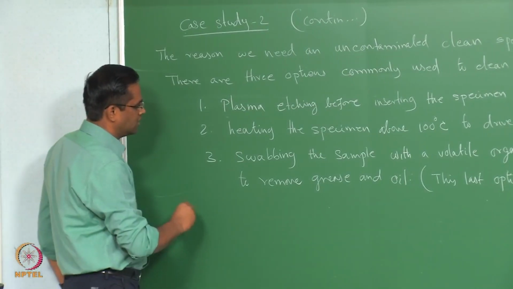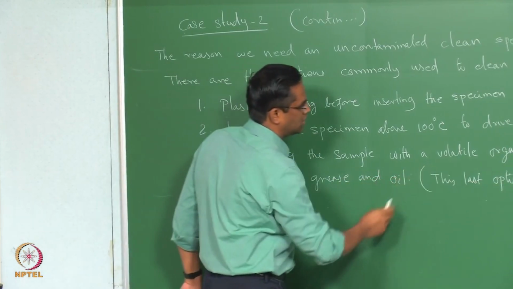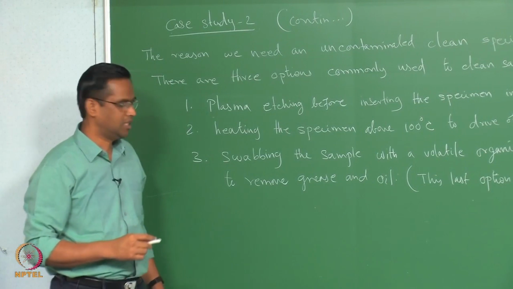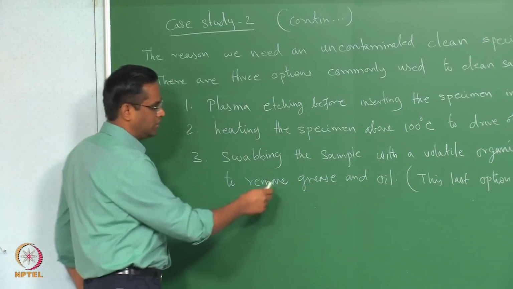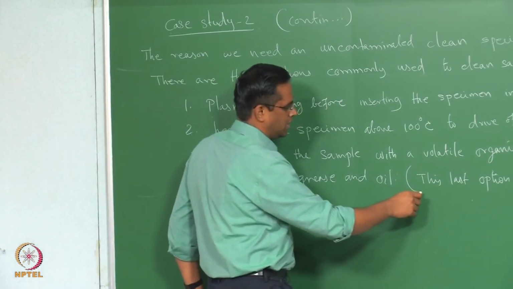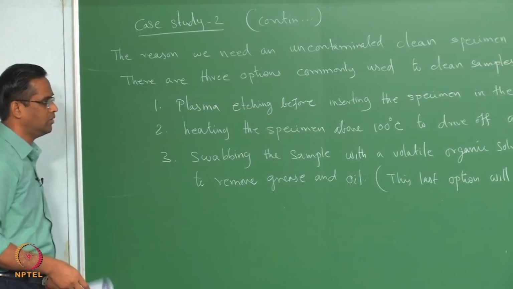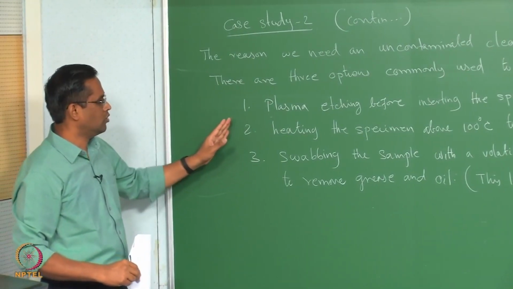And the third one is swabbing the sample with a volatile organic solvent, it could be acetone, ethanol or methanol, to remove grease and oil. Of course, this option will only remove the soluble contamination. So, you need to follow any one of the previous two to remove the other contaminants.